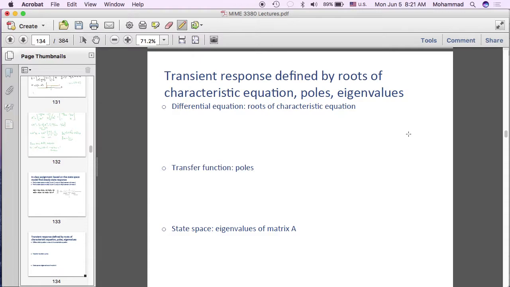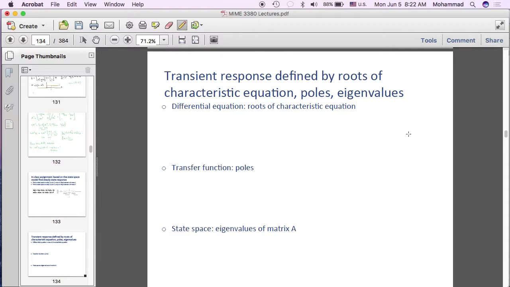You remember we talked about damping ratios, and as damping ratios changed, how the location of the two poles of the system changed. So that was a confirmation for the general idea that the location of poles of a transfer function defines the nature of the transient response.